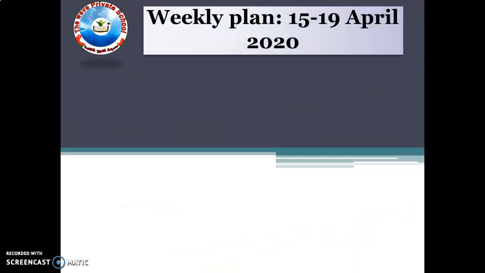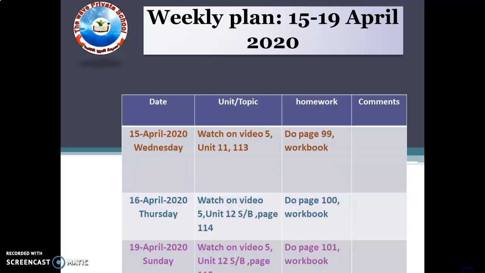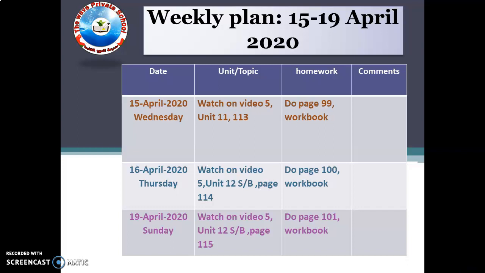So our weekly plan will cover the 15th, 16th, and 19th of April 2020, and these are the lessons and the homeworks. Please be guided by the weekly plan.